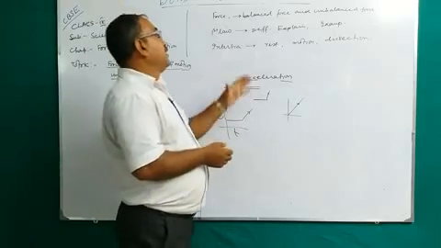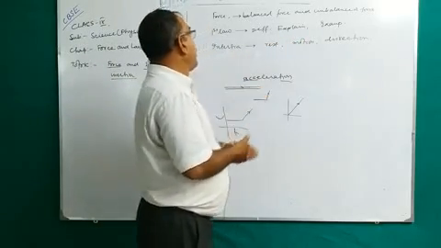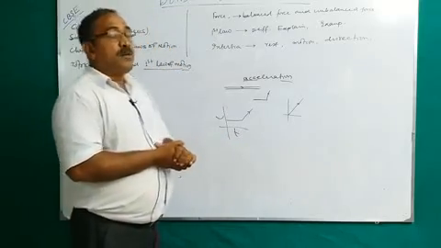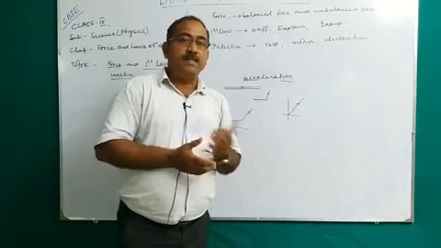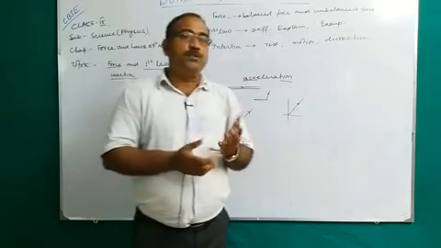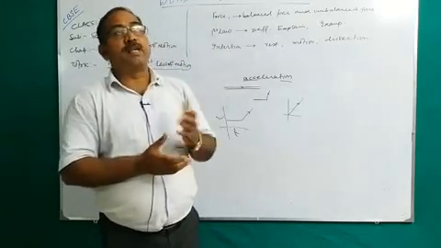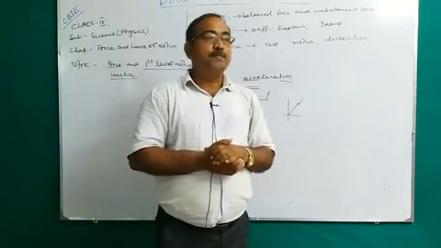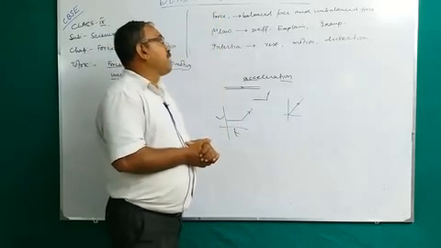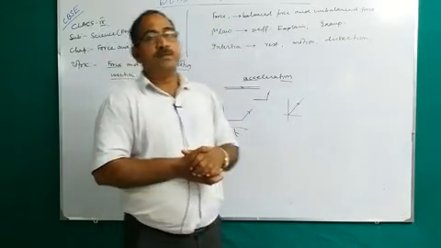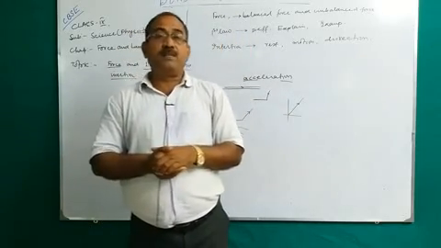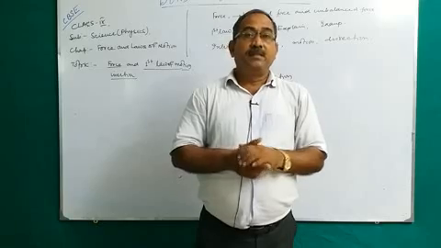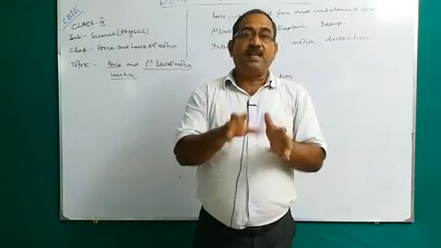Okay. Motion and direction. That means how many types of inertia? Inertia of rest, inertia of motion, inertia of direction. Suppose a great example from your daily life. When you are in a bus, you are a passenger inside the bus.